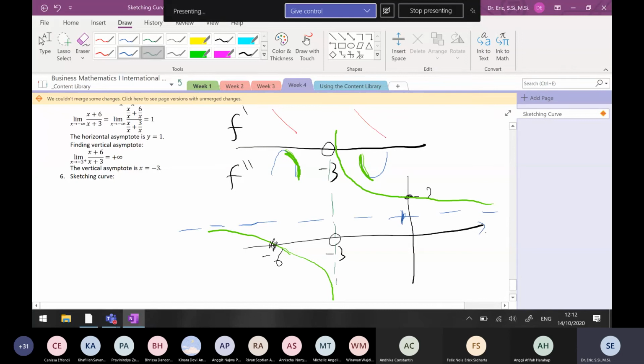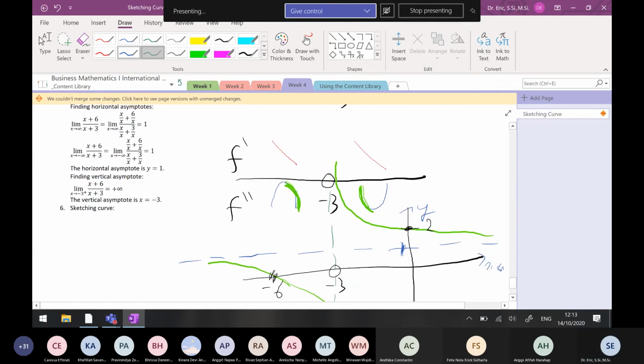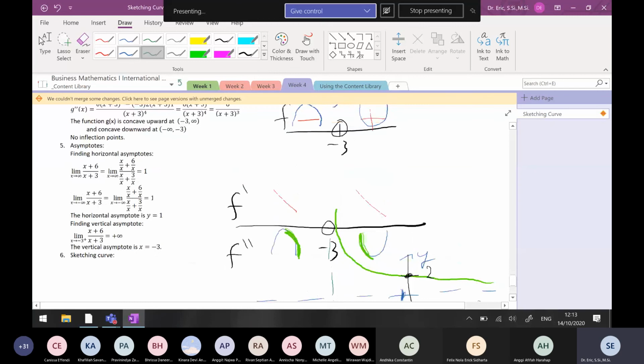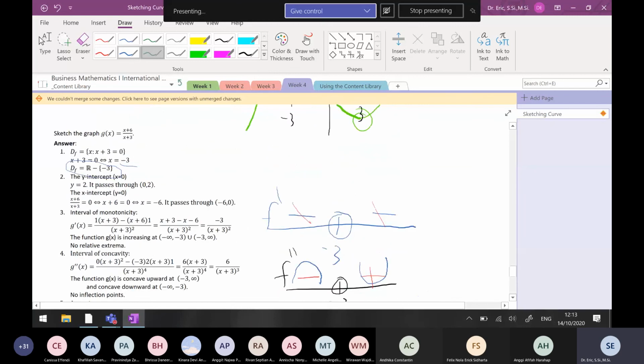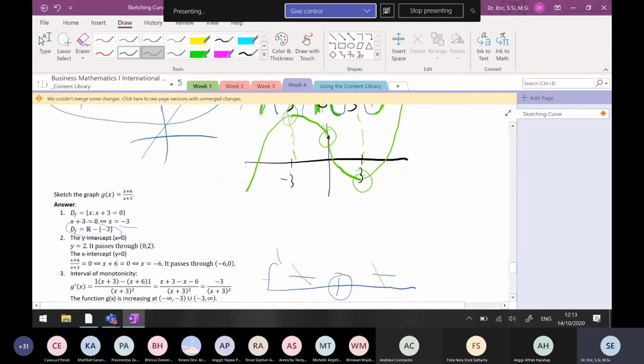Don't forget to name your axis. Okay, any questions? So this is the last. I have already given you also the graph of x to the power of 4 in my video, and a graph more complicated than this, with x plus 6, where the denominator is a quadratic form.